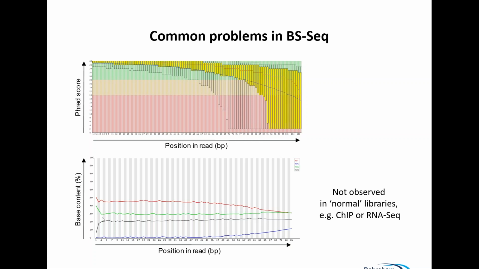This is one problem, and another problem is also that you can see that the amount of cytosine starts to increase the longer your sequences are. And we have figured out that for this increase, there is no biological reason why there should be more methylation.